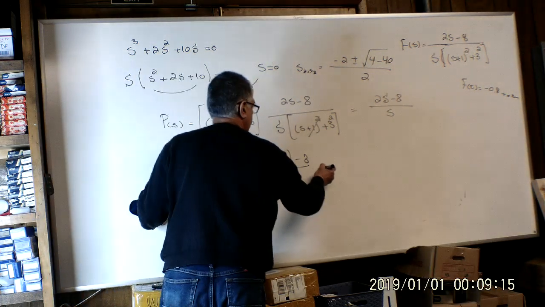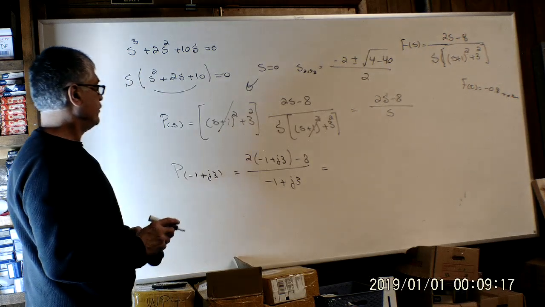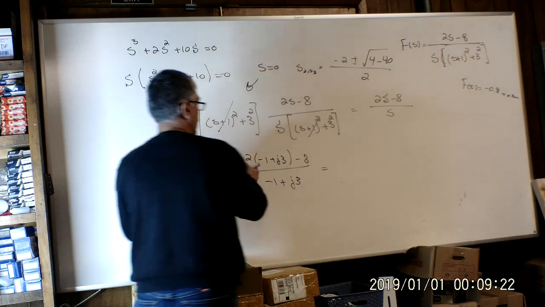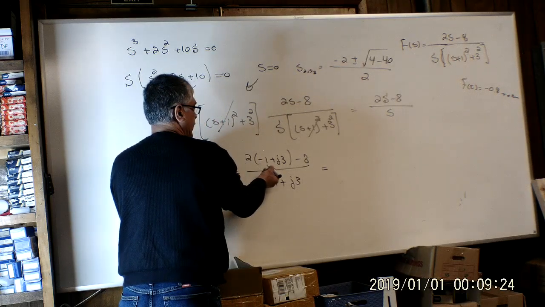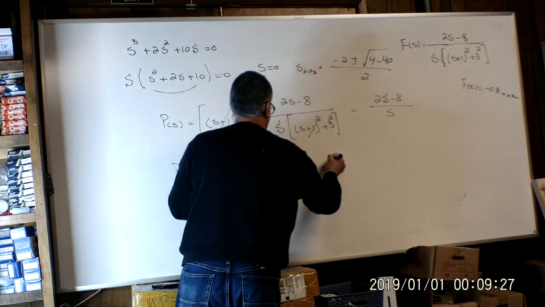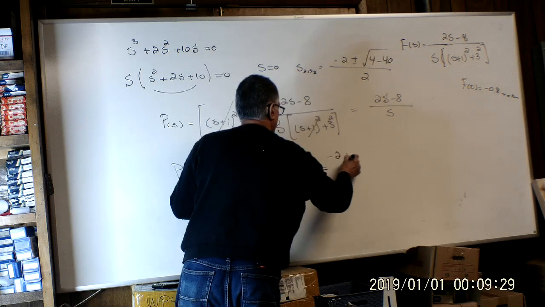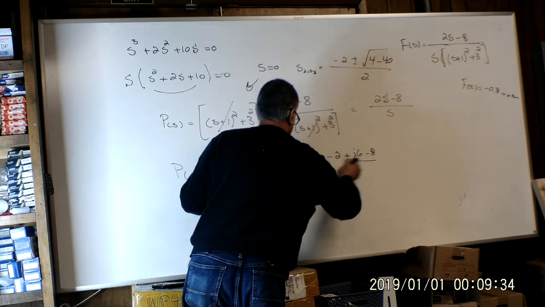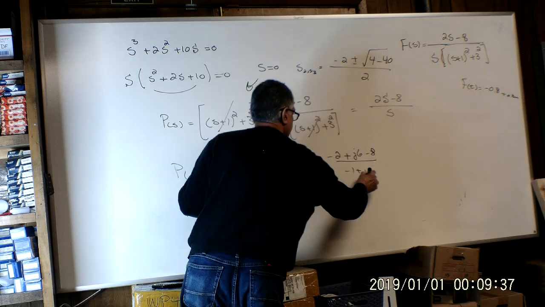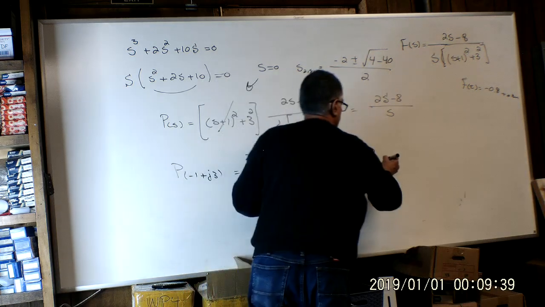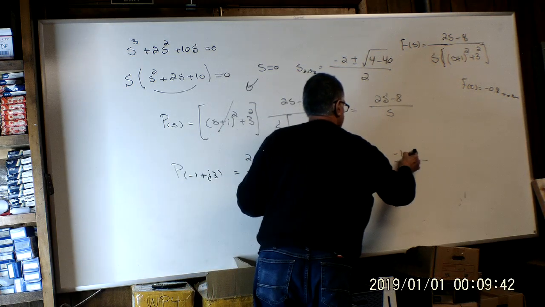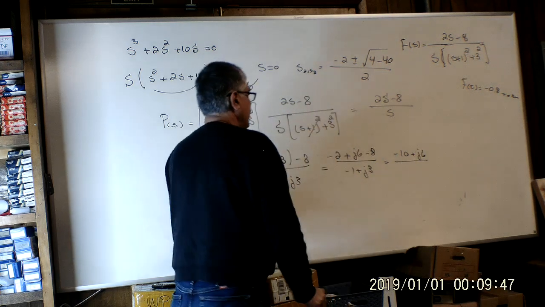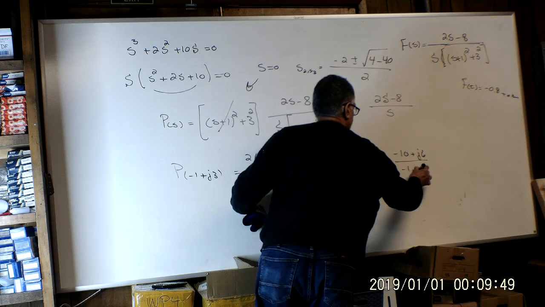So this will be equal to 2 times minus 1, which is minus 2, plus j6, minus 8, divided by (minus 1 plus j3). So this will be equal to (minus 10 plus j6) divided by (minus 1 plus j3).